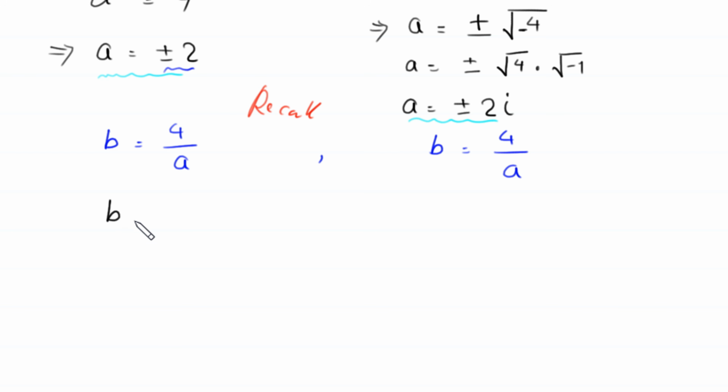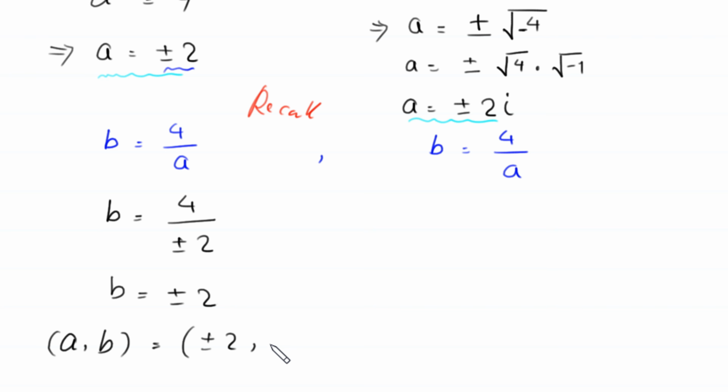Then b will be equal to 4 divided by plus minus 2. And b is equal to 4 divided by plus minus 2 is plus minus 2. So from here we get a comma b: the value of a is plus minus 2, the value of b is plus minus 2.